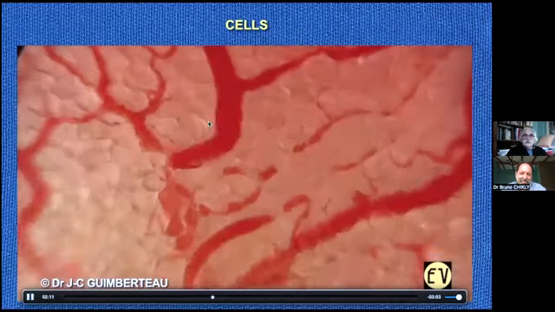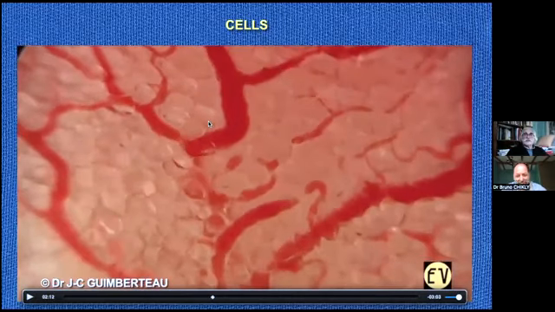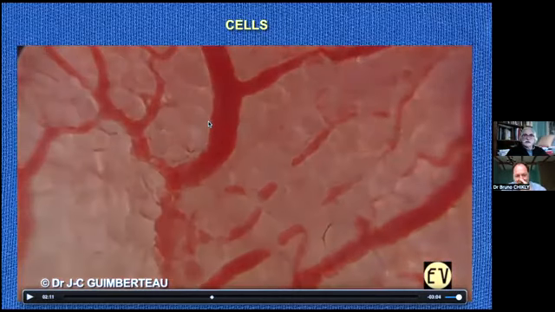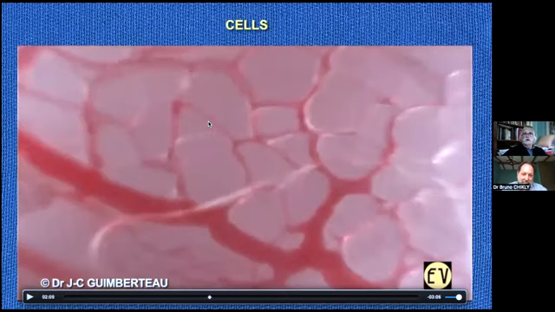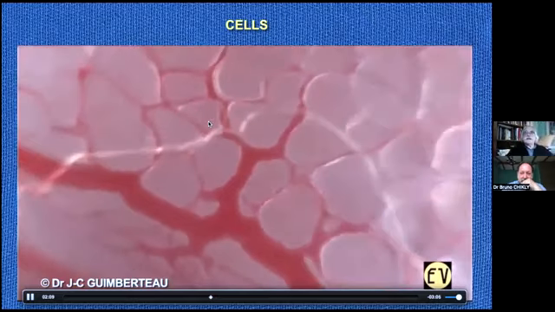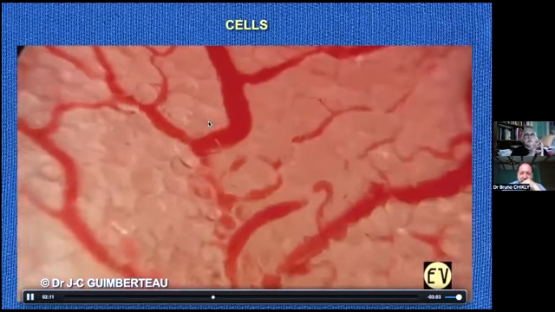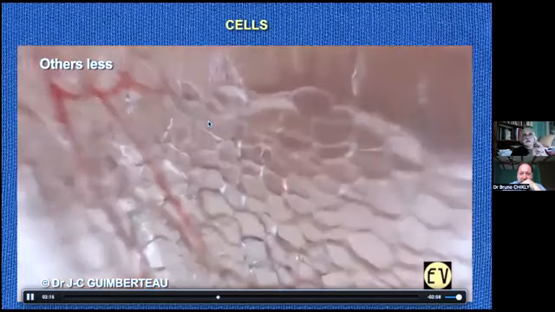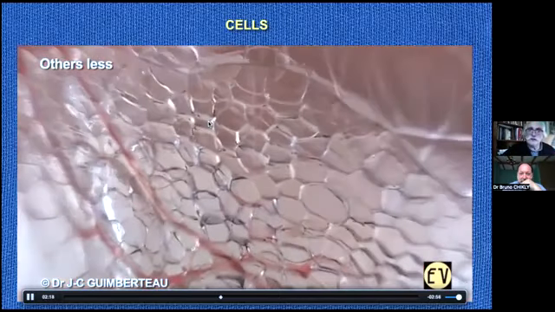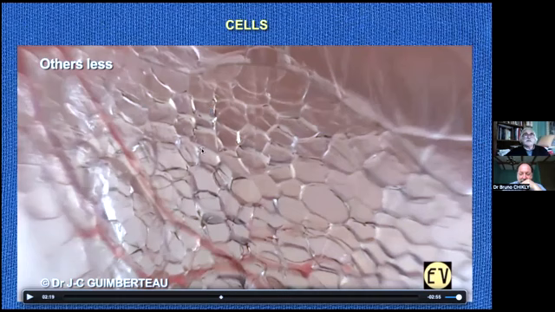So sometimes you can find what we have seen just now, that means an artery around the cell. Sometimes, but it's not always the same way. Sometimes it's less. For example, here you have arteries, but here you have an artery, but there is apparently no blood supply.